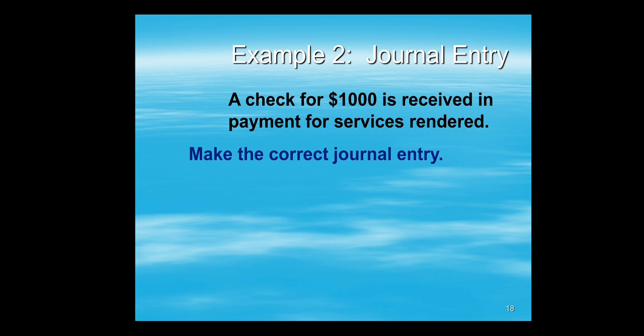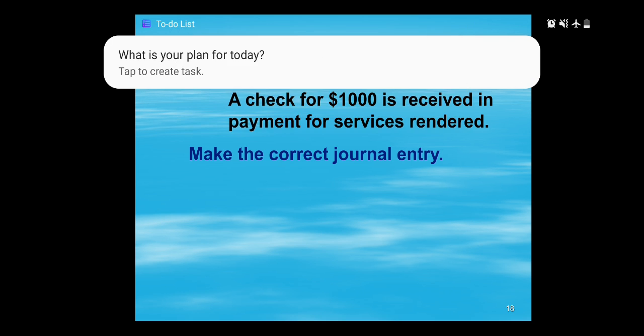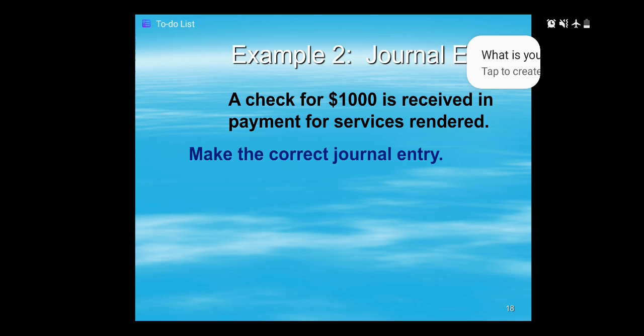Okay, but look at the equity. Remember, equity is related to 4 accounts. First, it is capital, and then borrowing, and then revenue, and then expenses. So this transaction is about revenue.